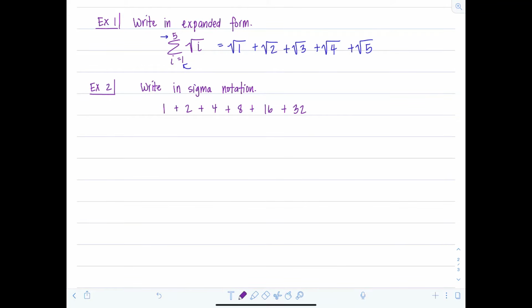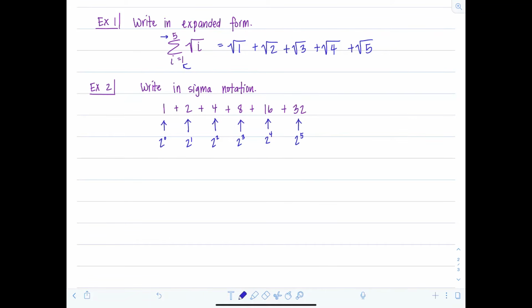So let's see, can we identify a pattern between the terms? I noticed to get from one term to the next, I'm multiplying by 2, right? And in fact, each of the terms is a power of 2. This is 2 to the 0, 2 to the first, 2 squared. Do you see it? 2 cubed, 2 to the fourth, 2 to the fifth.